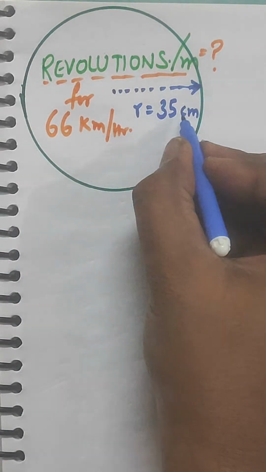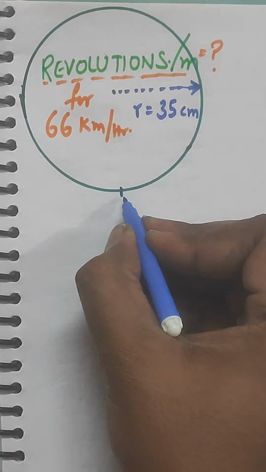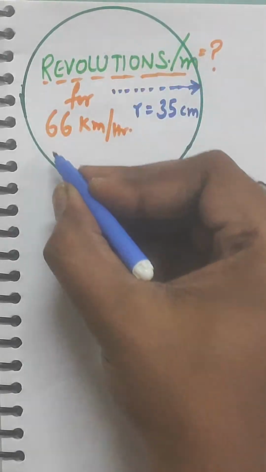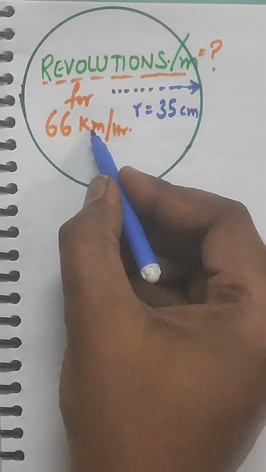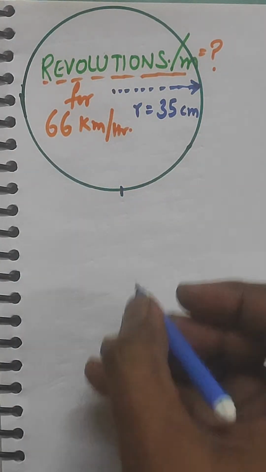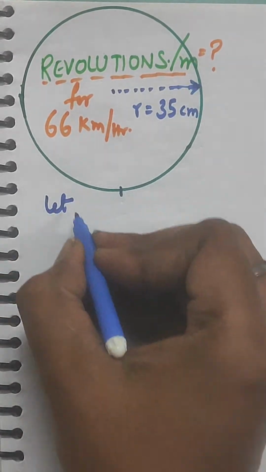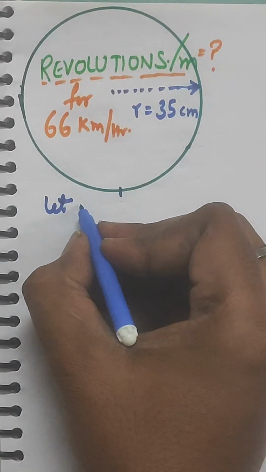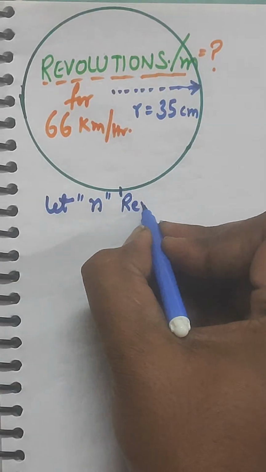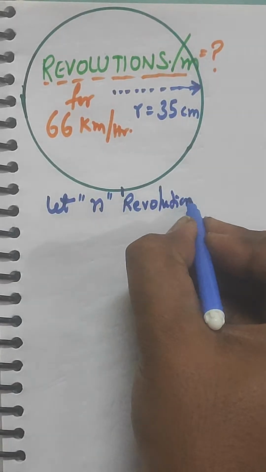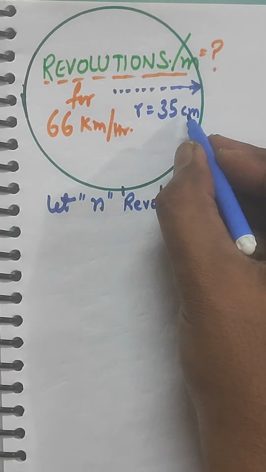So what we can do, when the motorcycle runs, the circumference of the wheel will be covered, right?